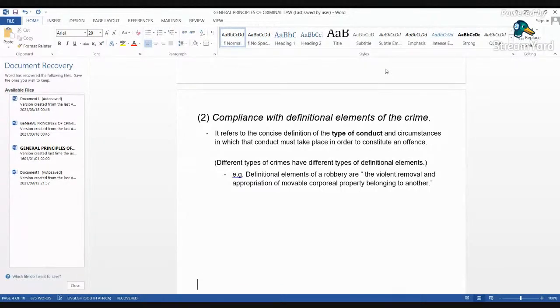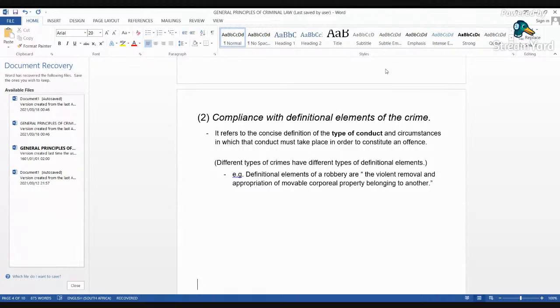So for every crime, there is a specific way in which a person has to conduct themselves, a person has to act, in order for that act or conduct to amount to a specific crime.